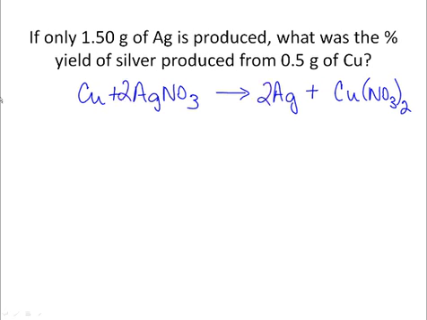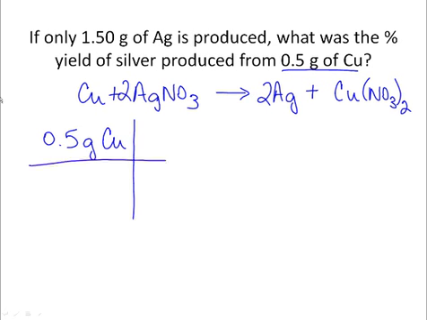Alright, so the first step you want to do is you want to figure out your theoretical yield. You're going to have to set up your stoich calculation. So we are going to start with our 0.5 grams of copper. Alright, so if we have grams of copper up here, you want the same thing on the bottom.